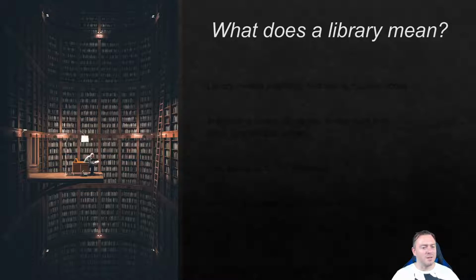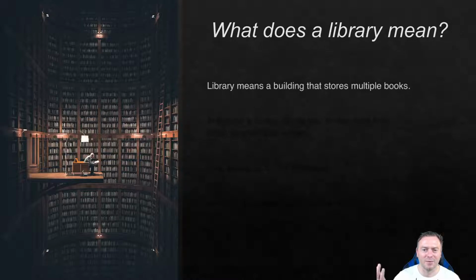So first of all, what does a library mean? When we think of a library, I always think of a good old books depository where there's multiple books that we can always go along and pick up one that we need. So in this sense, a library has all this information that we don't necessarily need to remember all the time. So say we want to learn something about astronomy, we choose that particular book, pick it up, and then open it up, and then we've got that knowledge that we need.